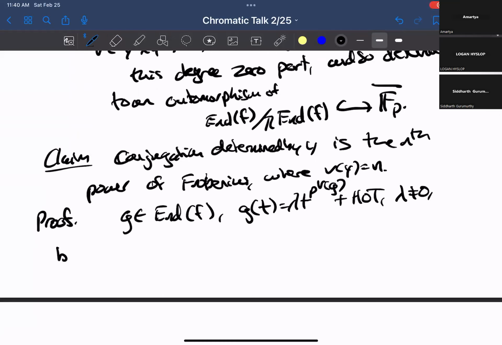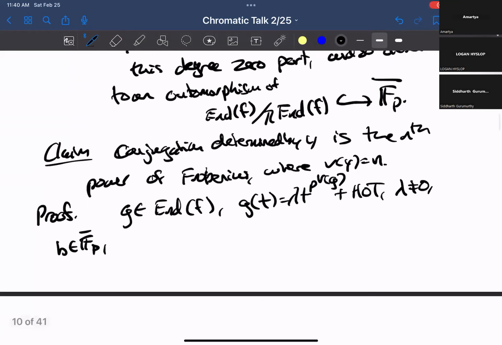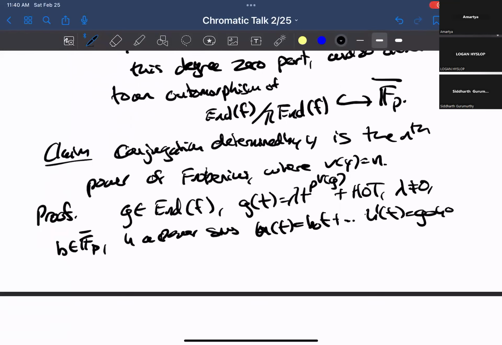And then we're going to take B in FP bar and H a power series with H of T equal to B0 T plus dot dot dot, a bunch of higher order terms. H prime is going to be G of H of G inverse.